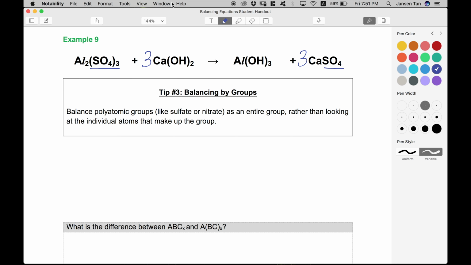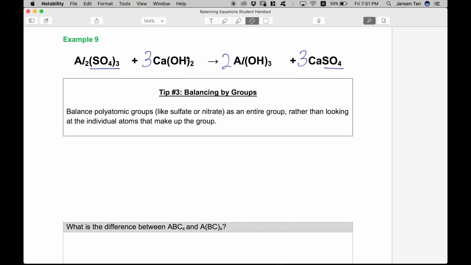Then we look at the hydroxide. So 3 times 2, don't forget this, 6 here, hydroxide. So this one must be 2. So you see, by applying this, the process becomes very, very fast, and you can balance this kind of equations very, very quickly.